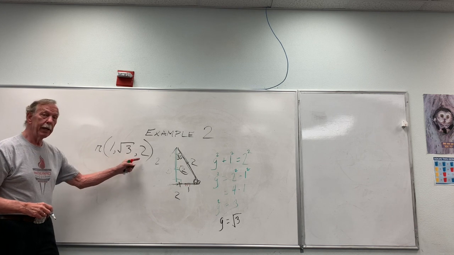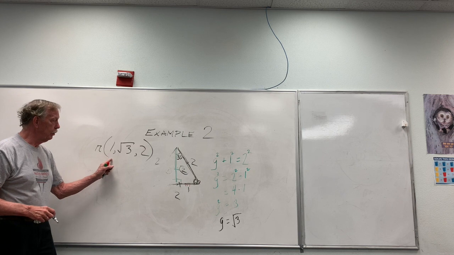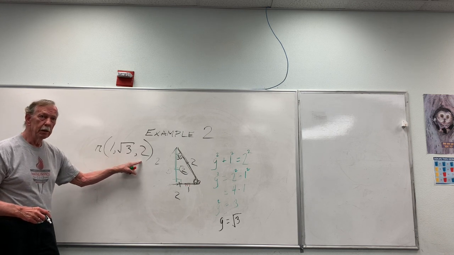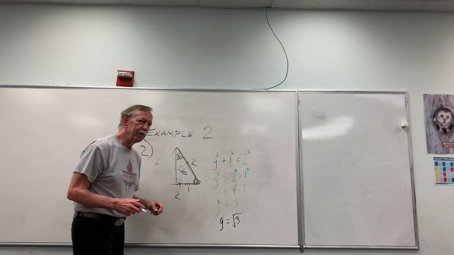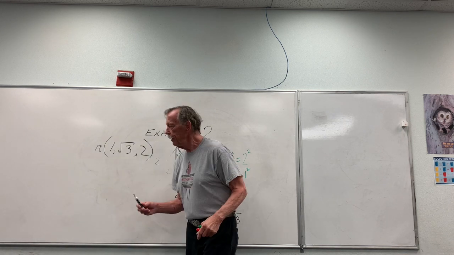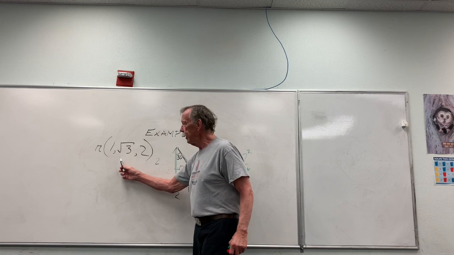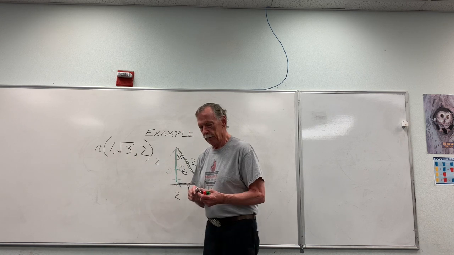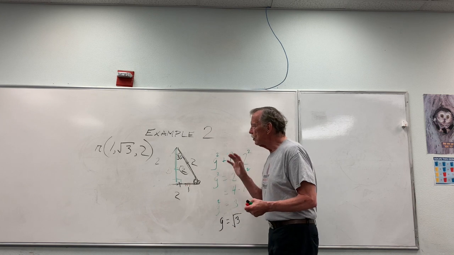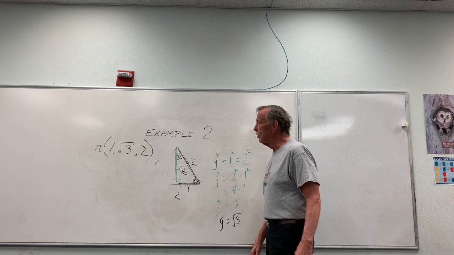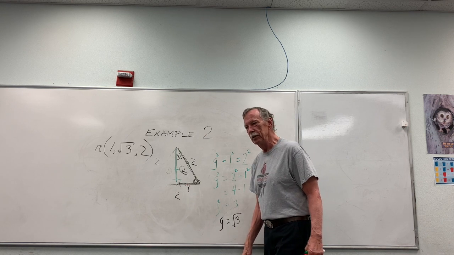So if we multiplied everything by 2, we'd have 2, 2 times the square root of 3, and 4. If we multiplied everything by 3, we'd have 3, 3 times the square root of 3, and 6. We're going to use this now when we go look at how long a tangent is.